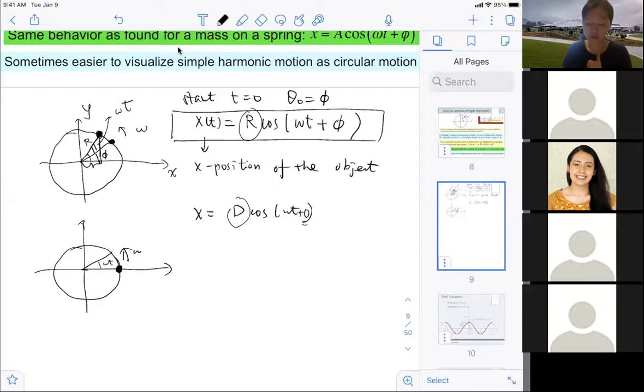So we call phi simply the initial phase, and this phi tells us the initial location of the object.